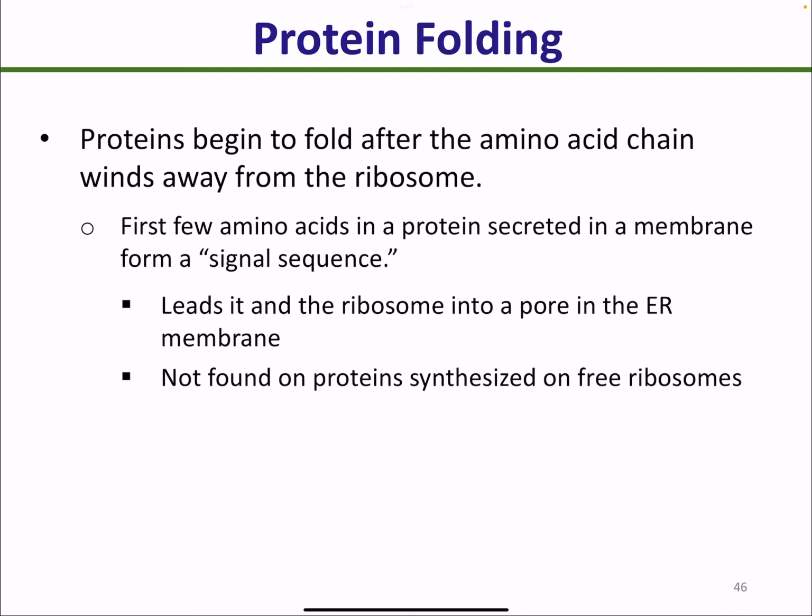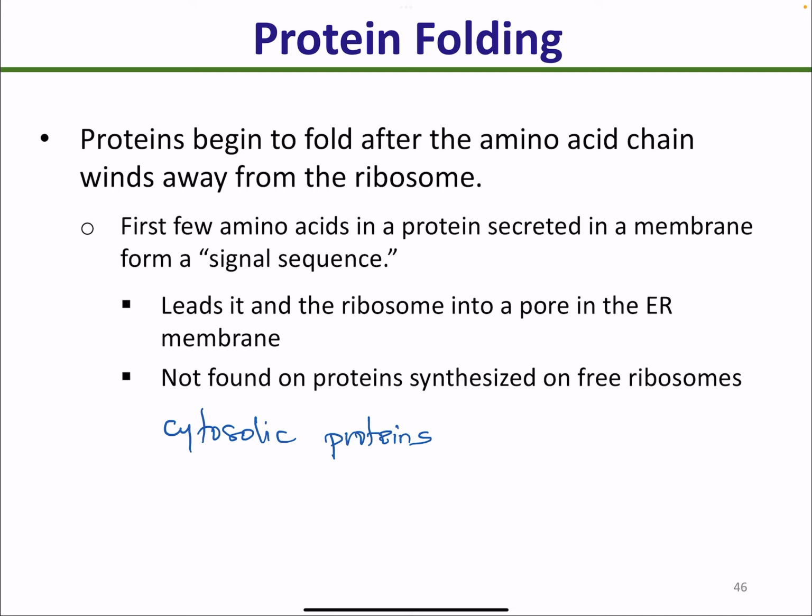You have two types of proteins that are produced by ribosomes. You have cytosolic proteins. The cytosolic proteins are proteins that are produced to remain in the cytosol.